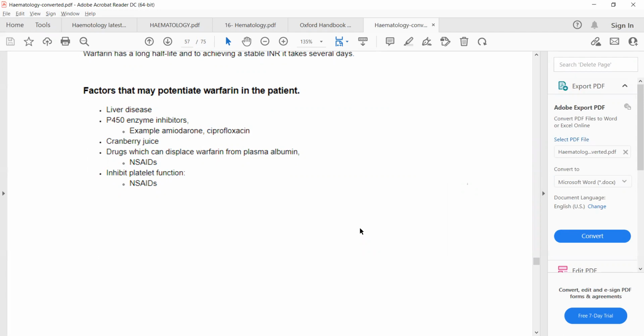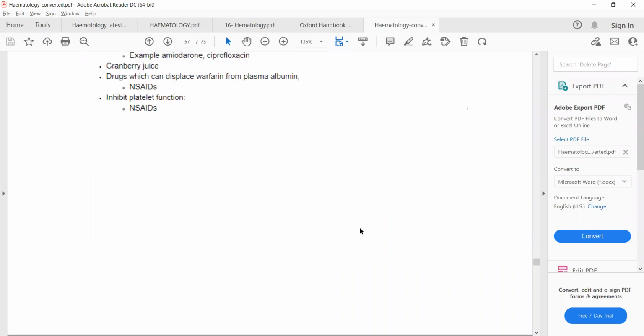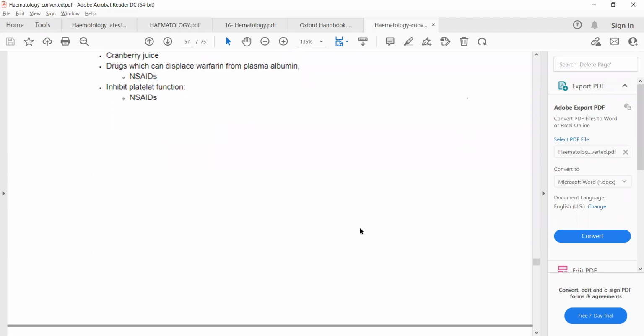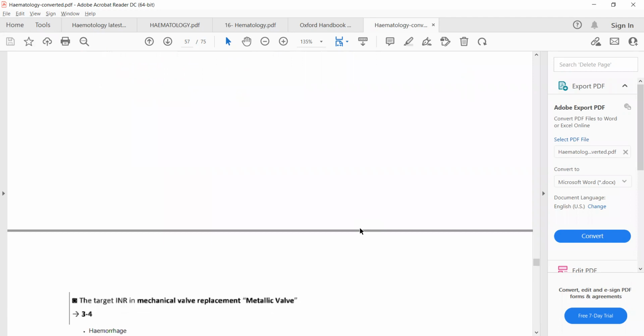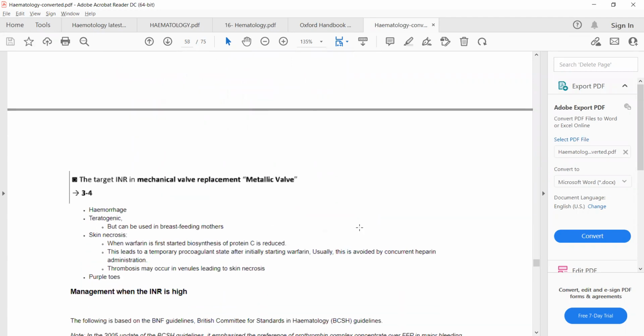So that's why using NSAIDs along with warfarin is not recommended. NSAIDs can do two things. One is that it can replace warfarin from plasma albumin, and the second is it can inhibit platelet function. So using NSAIDs with warfarin may increase the risk of bleeding.